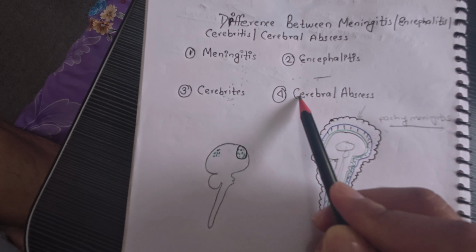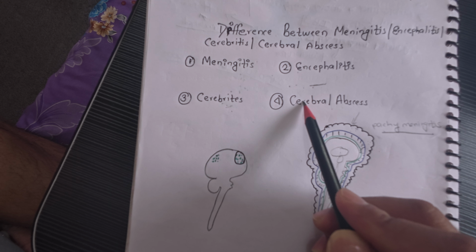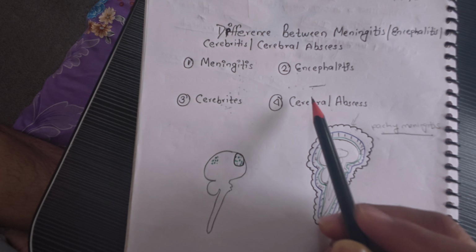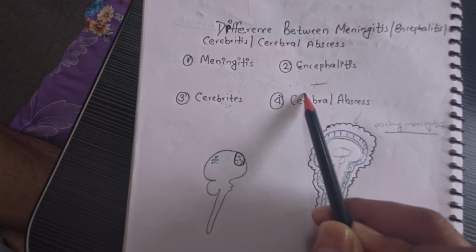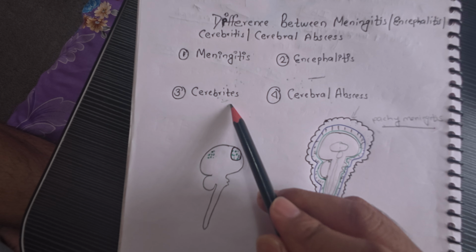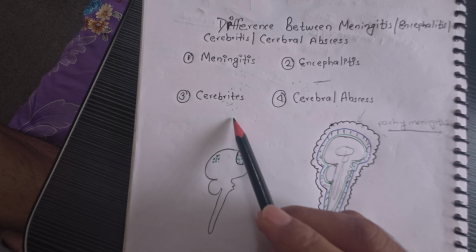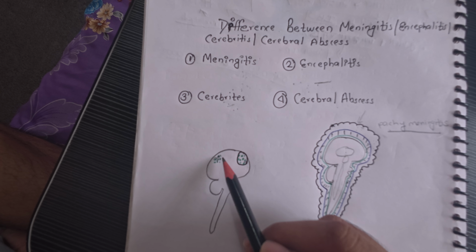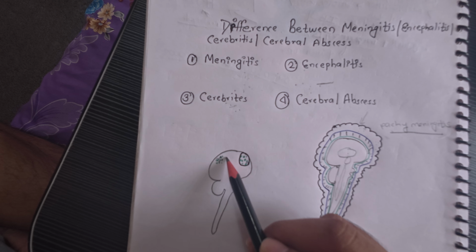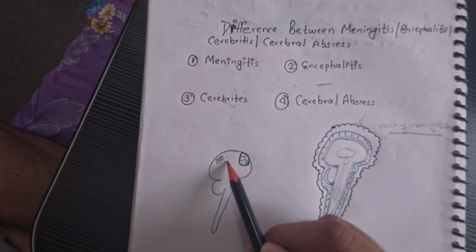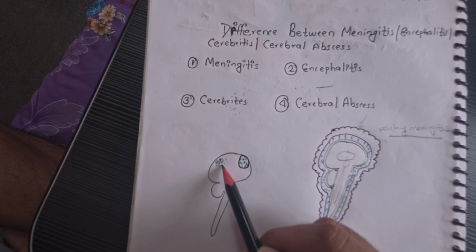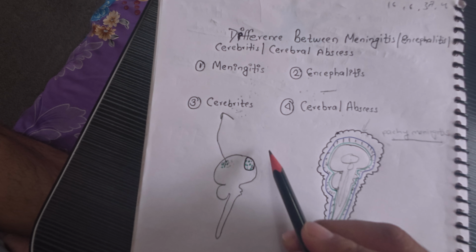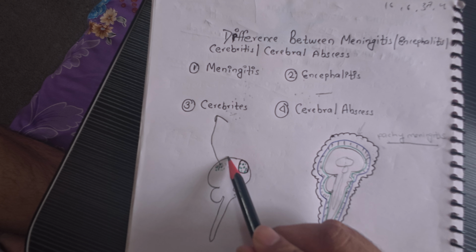And what is a cerebral abscess? A cerebral abscess is also localized. Now the question is, what is the difference between cerebritis and cerebral abscess? If the inflammatory process involves the parenchyma of the brain at a localized site, and the inflammatory patch of the parenchyma is not capsulated, it is called cerebritis, and that is the real difference.